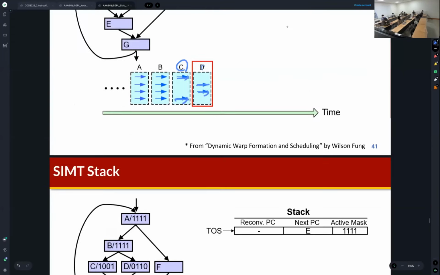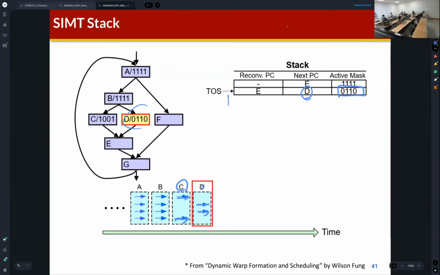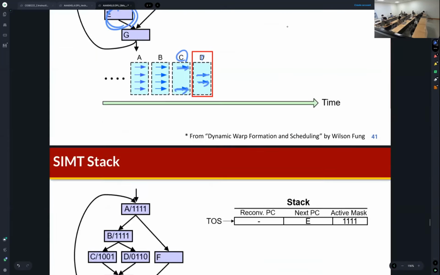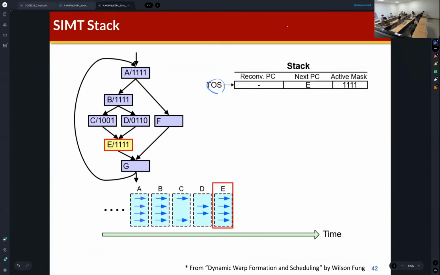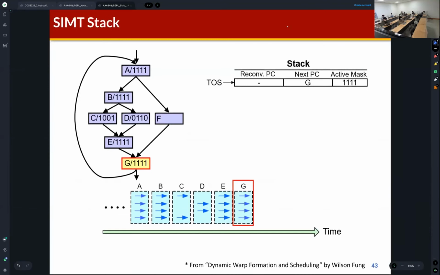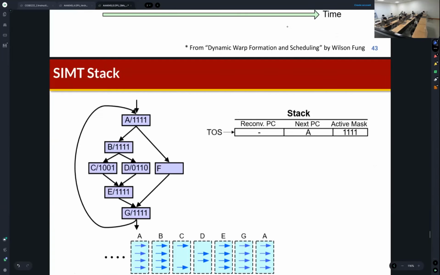After D completes, the next PC also becomes E, because they converge at E. The top of stack moves up, the next PC is E, and the active mask becomes 1111. Then G is the same, the stack is changed, and the active mask is 1111.